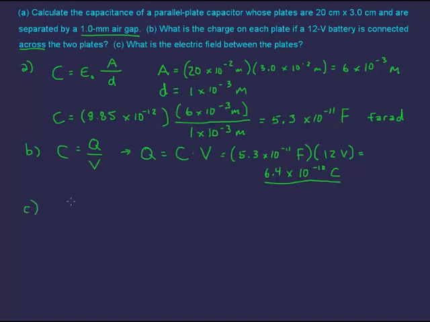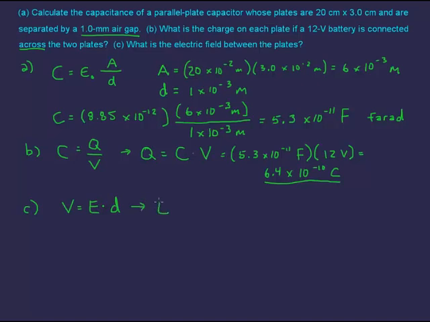Now we're going to have to roll back a little bit. Remember, we learned a formula that told us a relationship between voltage and electric field and distance when you had a uniform electric field. Well, guess what capacitors make? A uniform electric field. And so this formula will get used quite often in capacitor problems because it applies to capacitor problems.